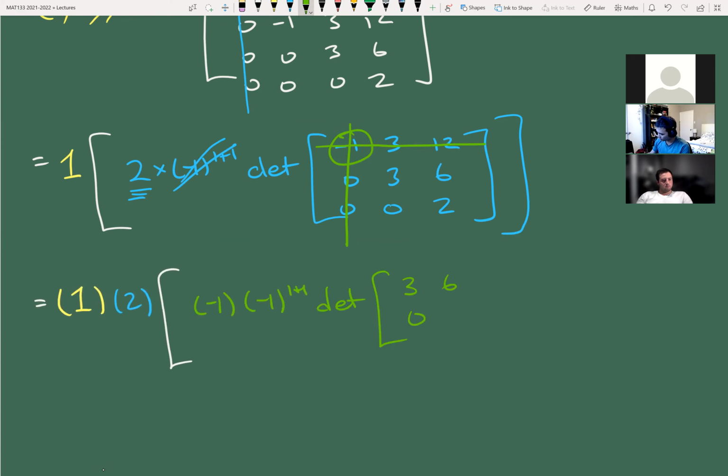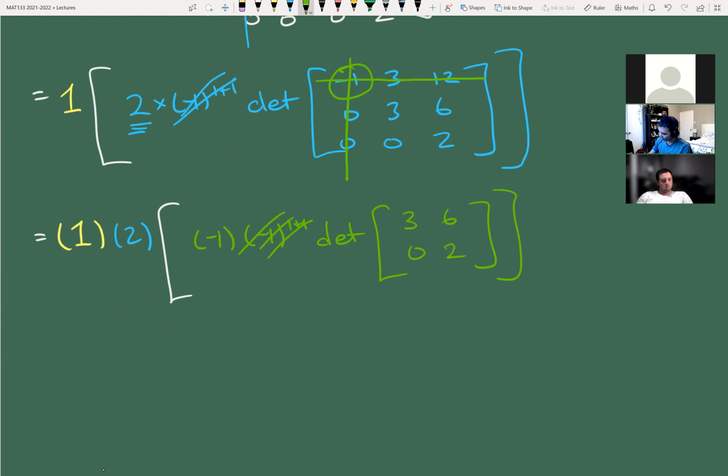Then the submatrix is 3, 6, 0, 2. Again, this is just 1. And the determinant of this 2 by 2 matrix is just 3 times 2. So in total, we got 1 times 2 times negative 1, and then times these two numbers, which I'll write in red, times 3 times 2.